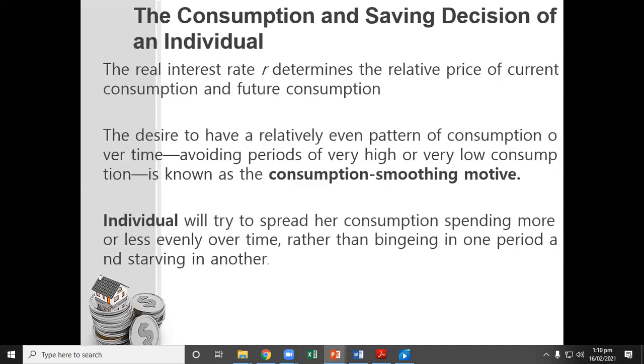Now we will be discussing the consumption and saving decision of an individual. Individuals decide on the basis of the real interest rate, which determines the relative price of current consumption and future consumption.